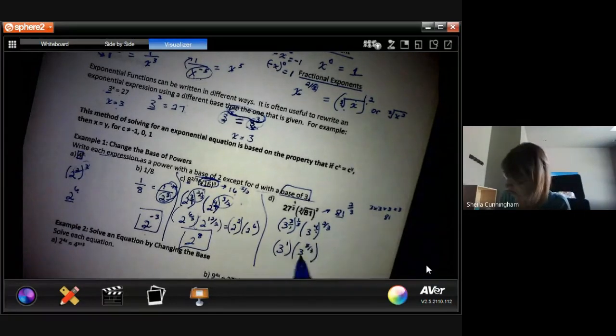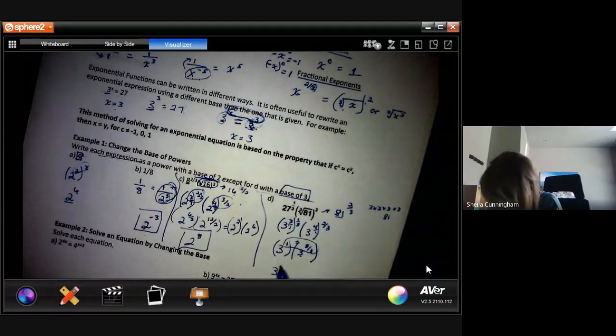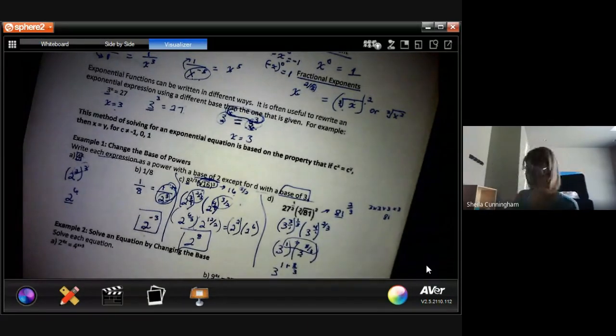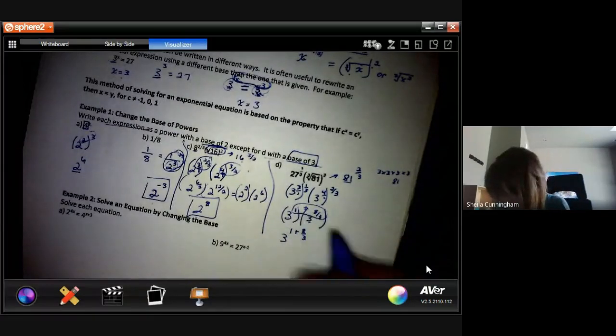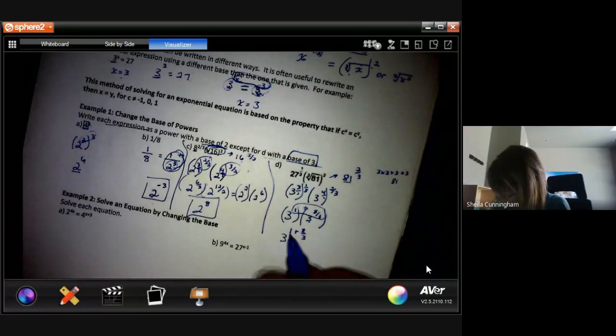Now, same base. I need to take my exponents and add them together. So in this instance, I'm going to have 3 to the power of 1 plus 8/3. Not so easy on this score because now I've got a whole number and a fraction that I need to add together. Well, I could make these common denominators, right?